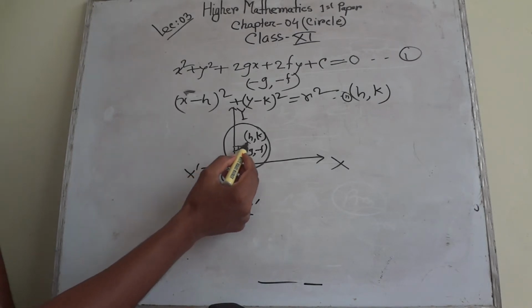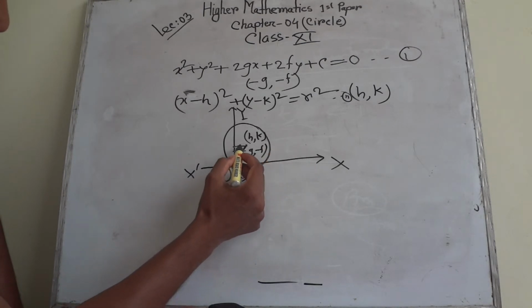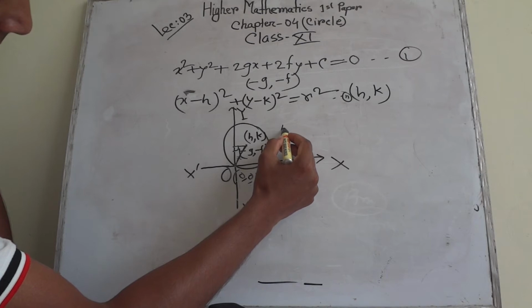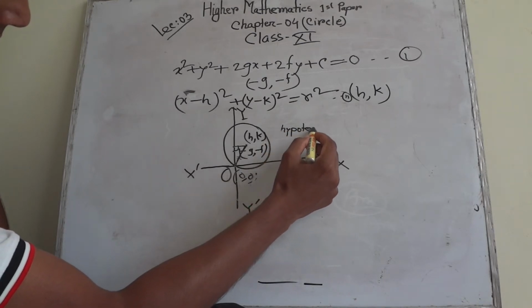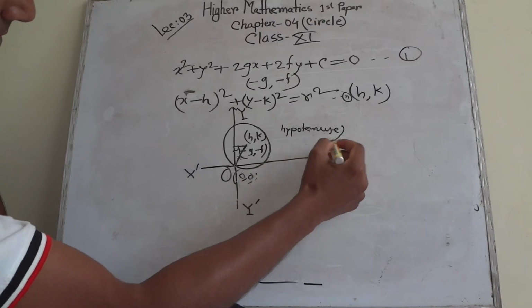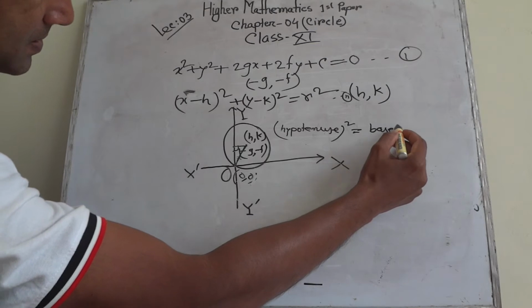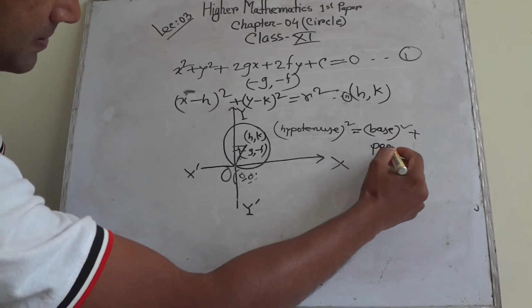So from the right angle triangle we can write radius, this is the hypotenuse square, equal to base square plus perpendicular square.